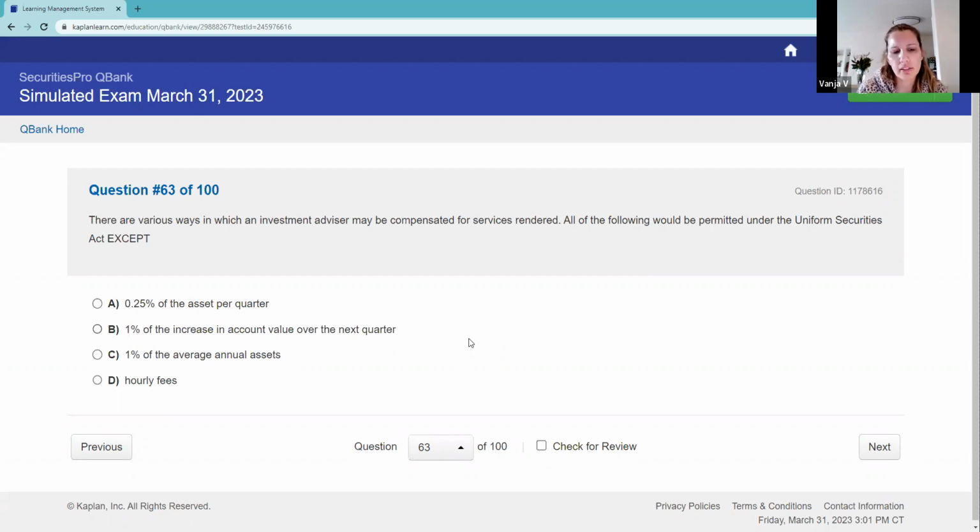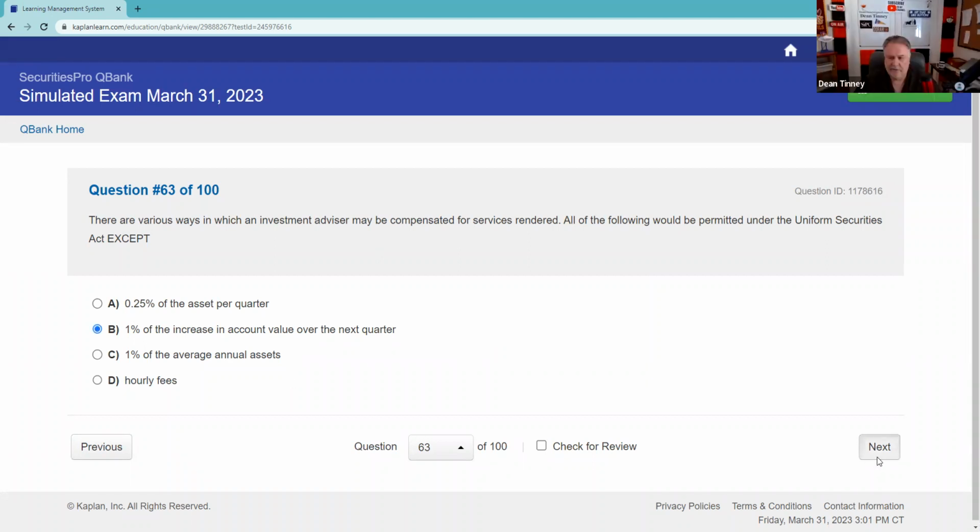Average annual assets, 1%. Well, assets under management, like the annual average of the assets under management. Okay, so that's acceptable. It's just the way it's written, I'm thinking. Percent of the increase in account value, so that's performance. That shouldn't be allowed. So B is in. Good job. Unless they say specifically that it's okay, then it's not.